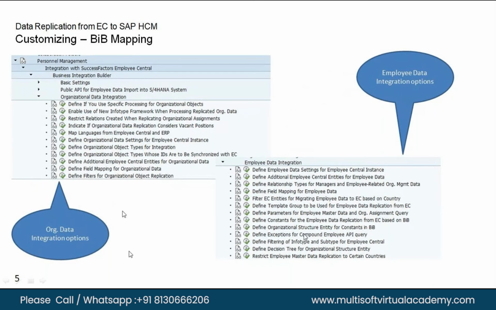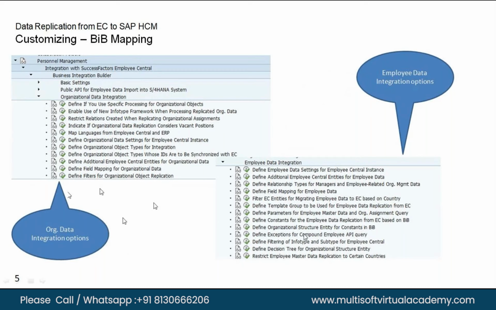So here are the notes I want to highlight. Define filters for organizational data application. Here we can filter out. For example, department is a field in SuccessFactors. We can convert that department to organizational unit as per SAP.